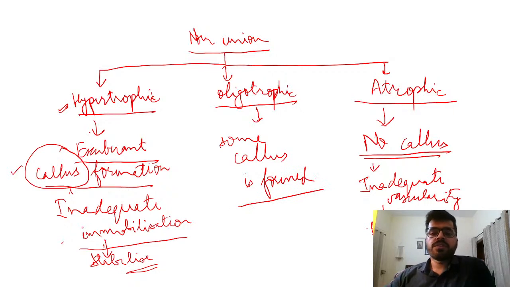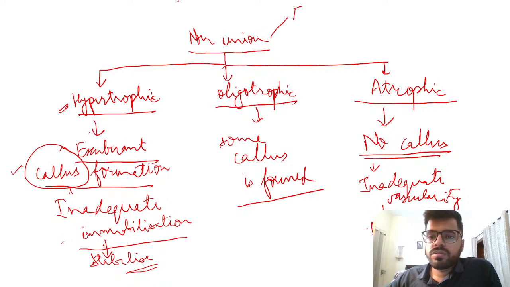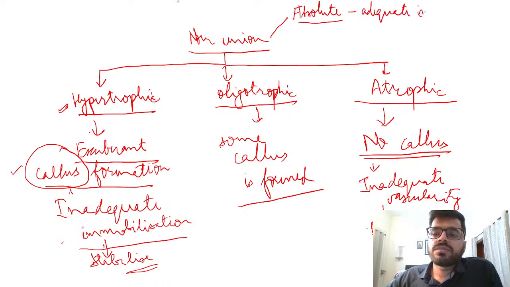So the principles of non-union treatment are that we need to give absolute stability. We have to do adequate immobilization. And we have to augment with bone graft.